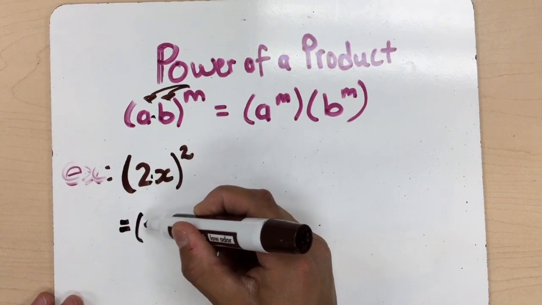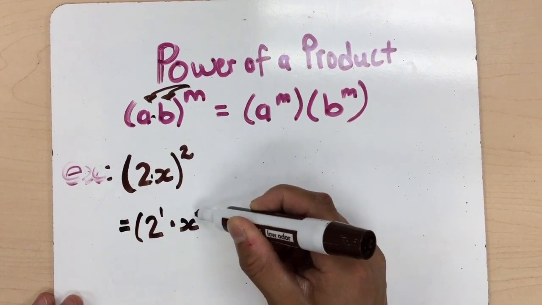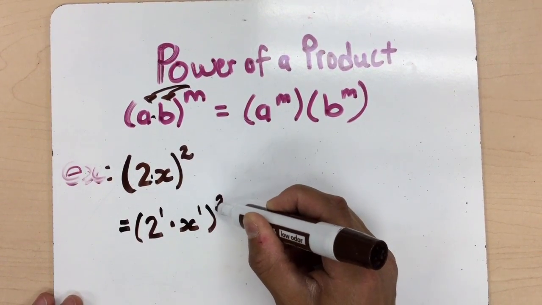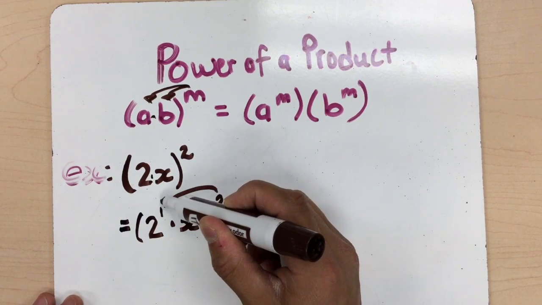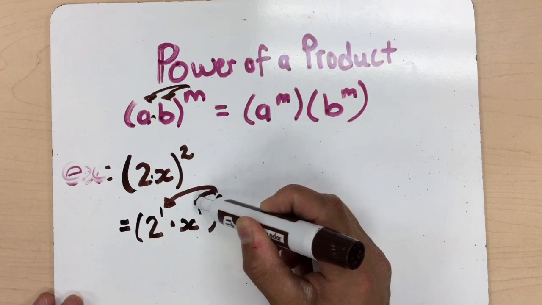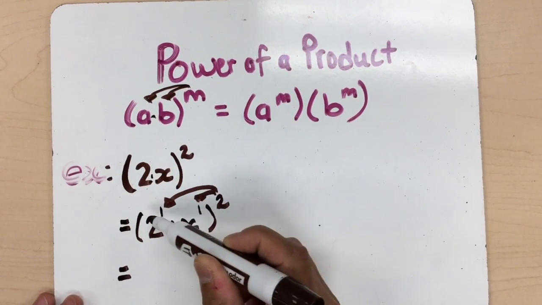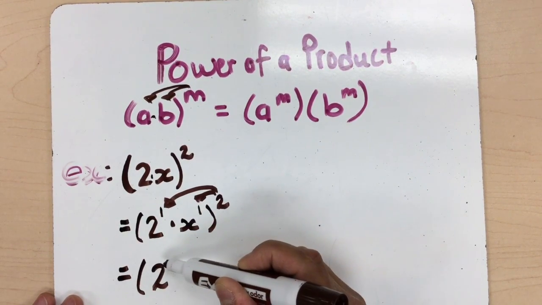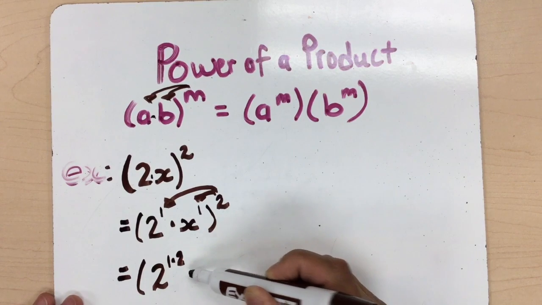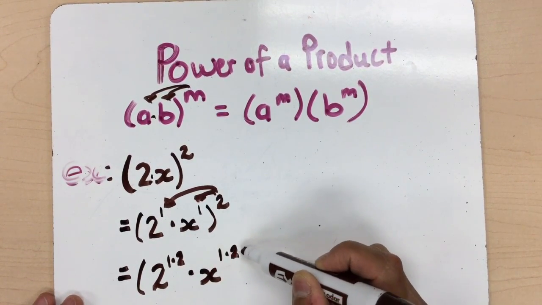And so one way we could think of this is 2 to the power of 1 times x to the power of 1, all to the power of 2. Now when I distribute my exponent 2 into my brackets, I would distribute it to both sets of 1s. So this becomes 2 to the power of 1 times 2 times x to the power of 1 times 2.